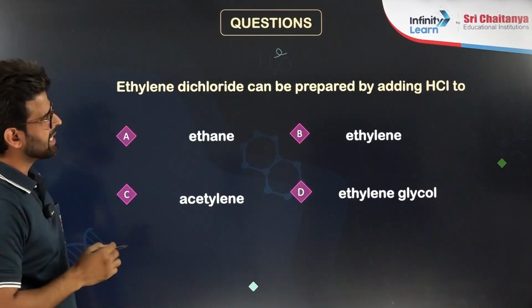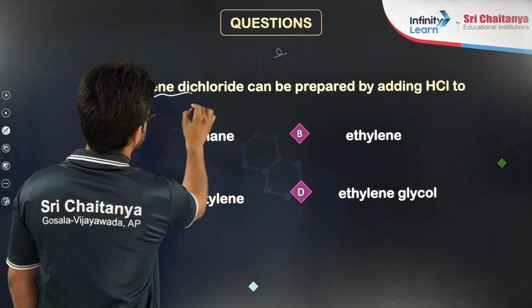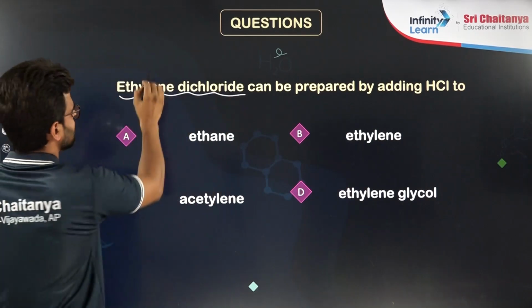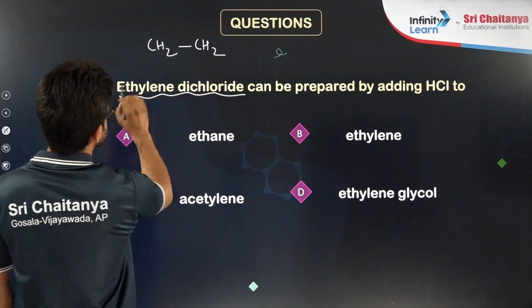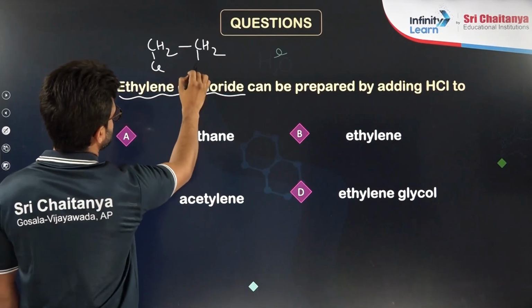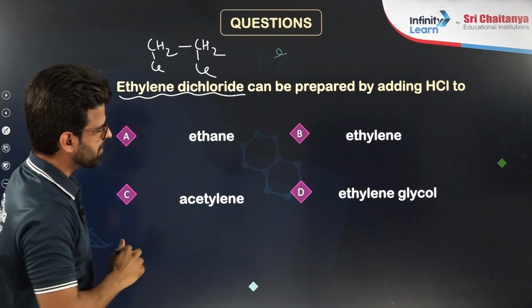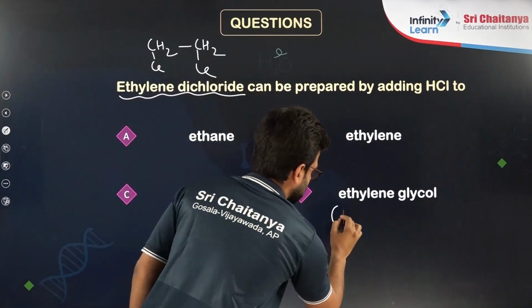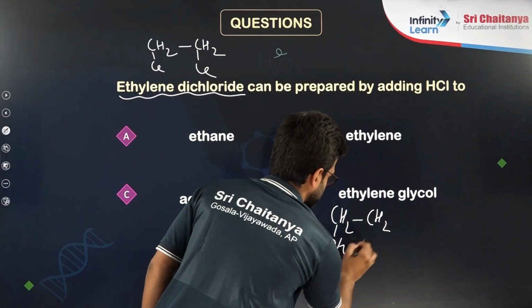The next thing is again depending on the preparation. They are saying ethylene dichloride we want to make. It means we have CH2Cl-CH2Cl, this is our ethylene dichloride. So how can we make it? If you see carefully, we have ethylene glycol. That means here we have CH2 and its OH.